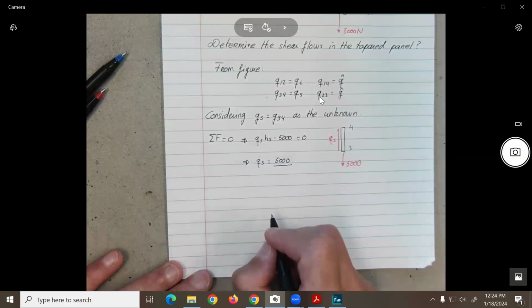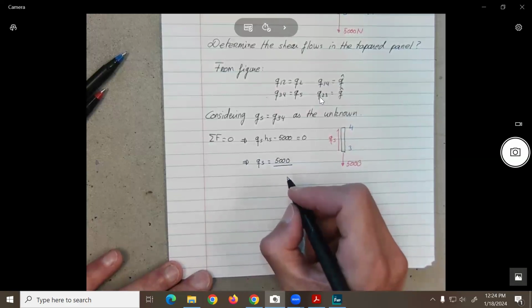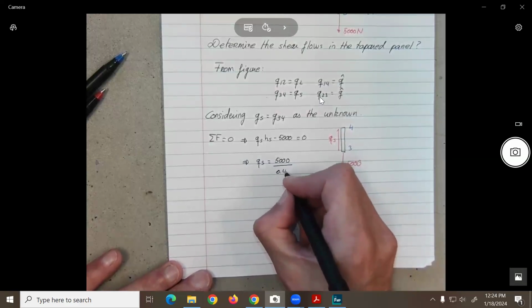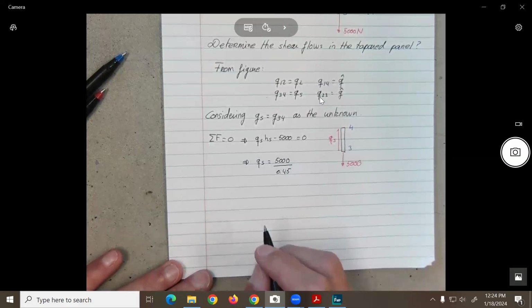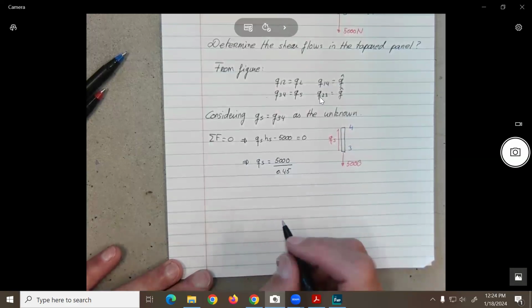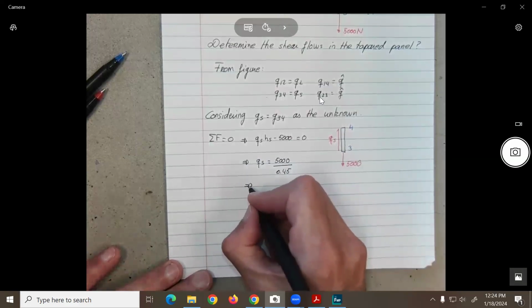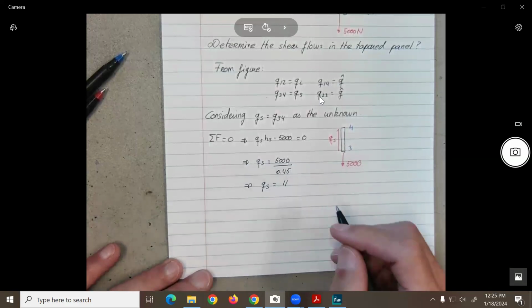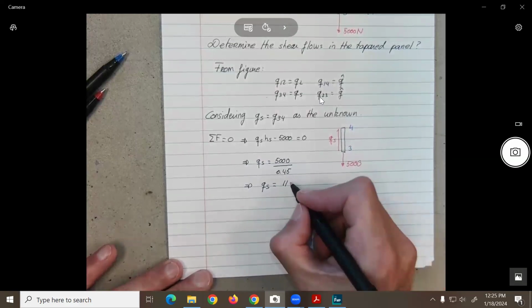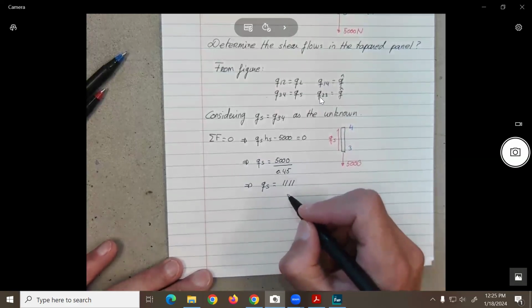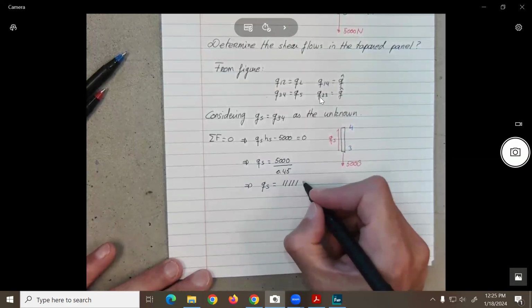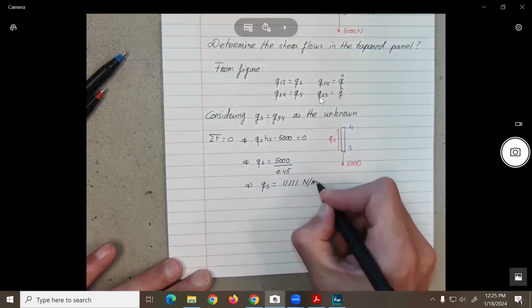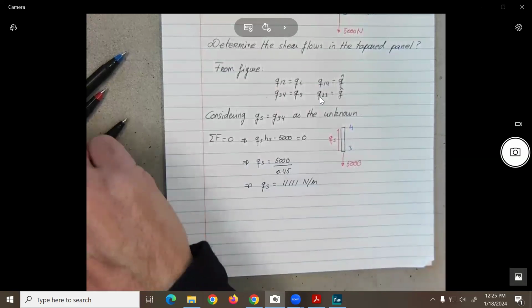What is H sub S? 0.45. So this will give you that Q sub S, hopefully I didn't make any mistake here, is 11,111 newtons per meter.